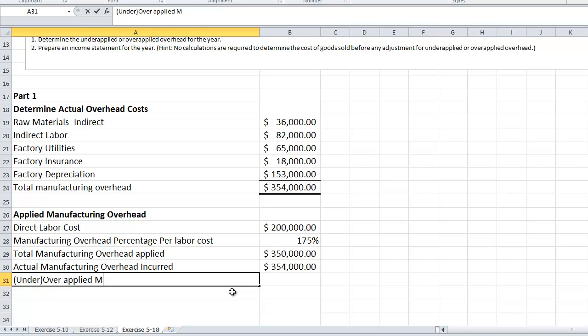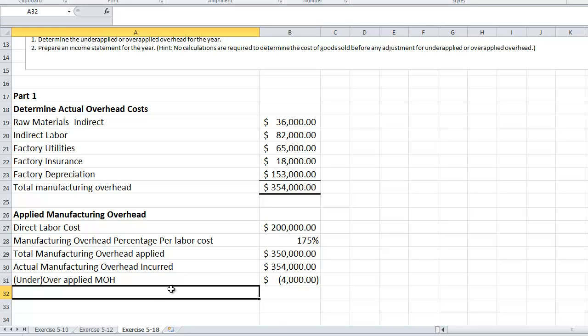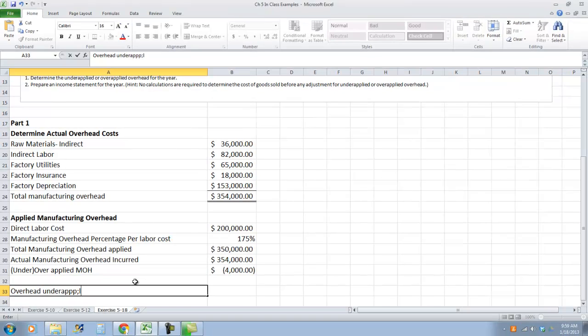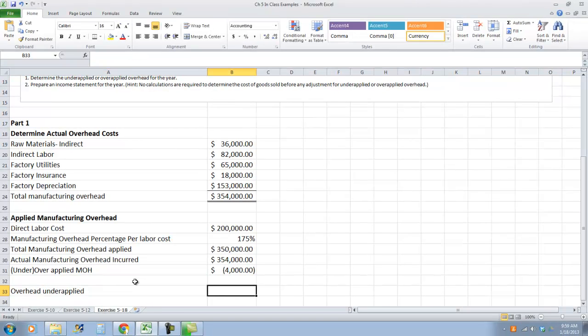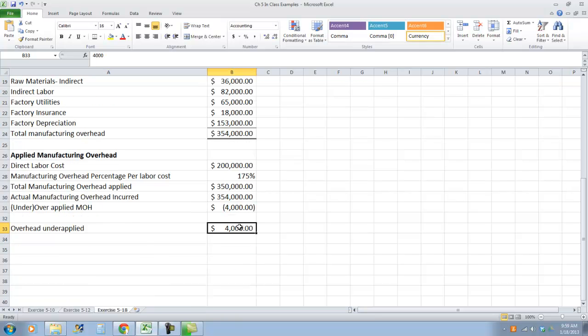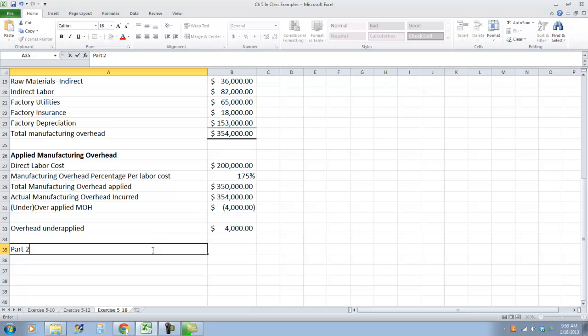Applied manufacturing overhead equals applied minus actual. So we have under applied. Overhead under applied equals $4,000. So we would need to adjust cost of goods sold at the end of the period by $4,000 by adding to it because we have under applied. All right. Now part 2 of this problem.